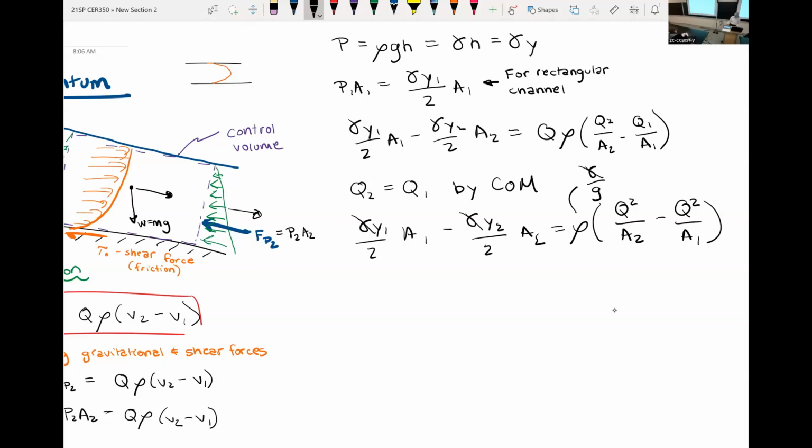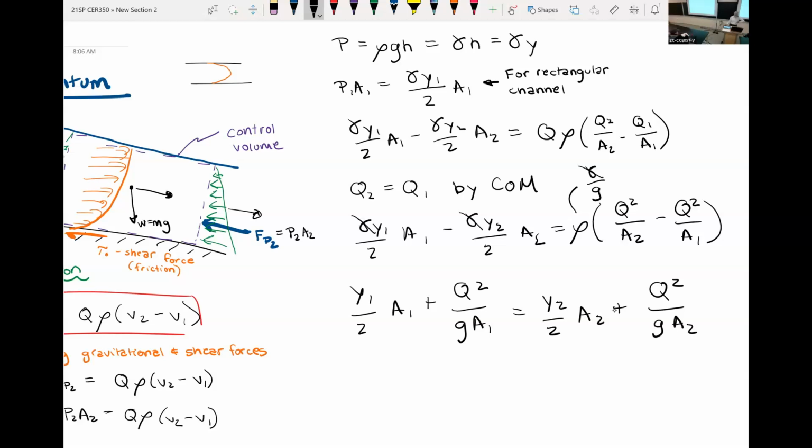And after all that canceling out, we're left with Y1 over 2 A1 plus Q squared over g A1 is equal to Y2 over 2 A2 plus Q squared over g A2.